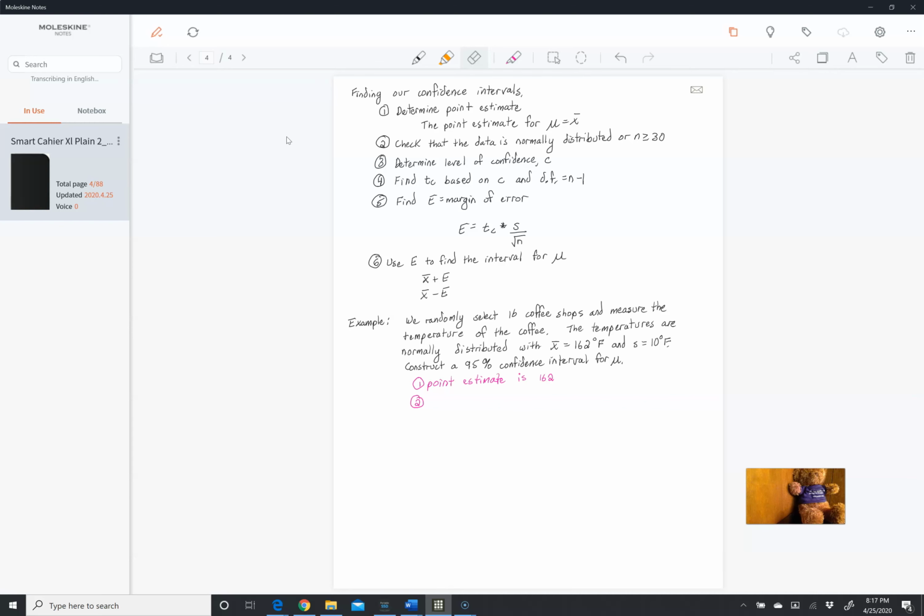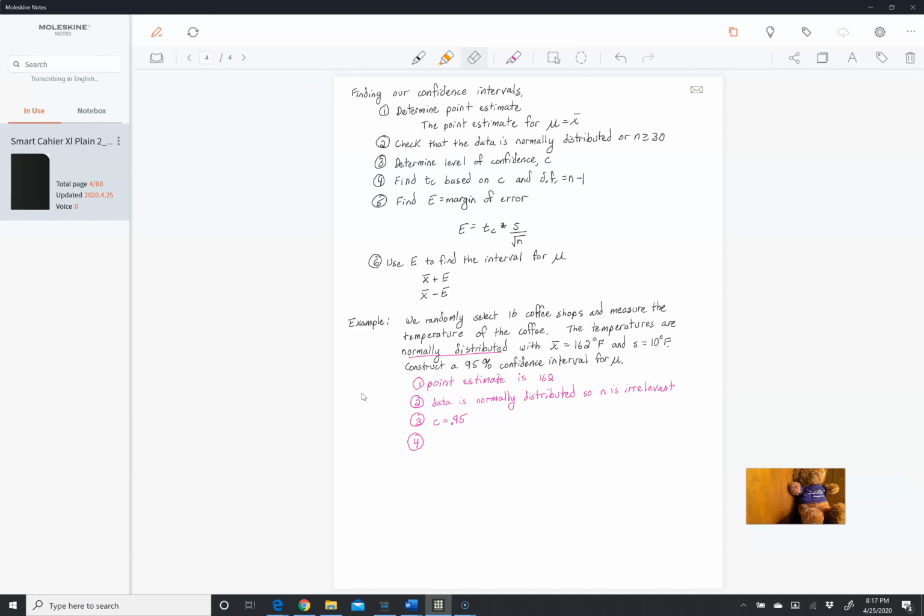Is the data normally distributed? Yeah, it is normally distributed. So we don't care about our n. Our level of confidence is 0.95 that we get from this 95% confidence interval.